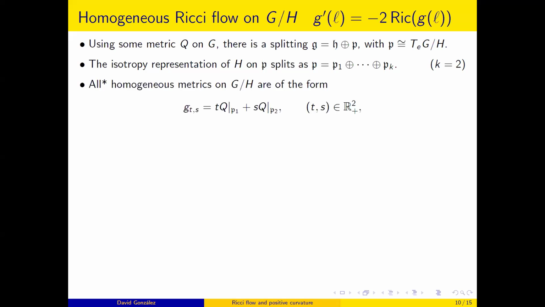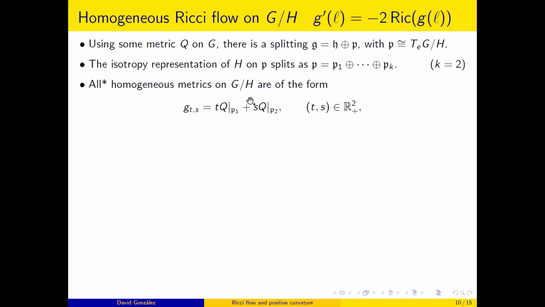Okay, so in this situation, all homogeneous metrics can be identified with R2. There's a star here, which means that maybe not all, but if you assume that these representations P1 and P2 are inequivalent, then this becomes true, and this is my situation.